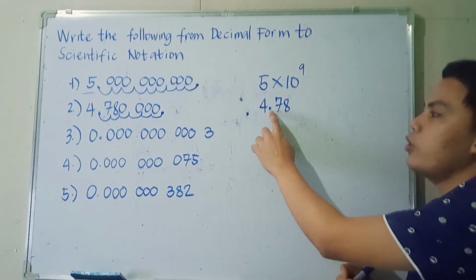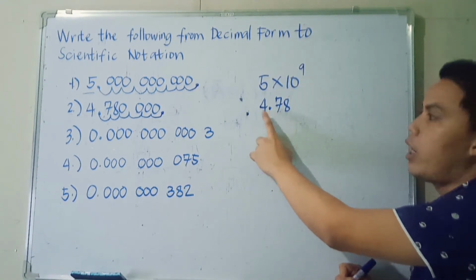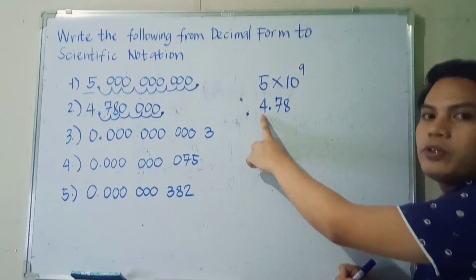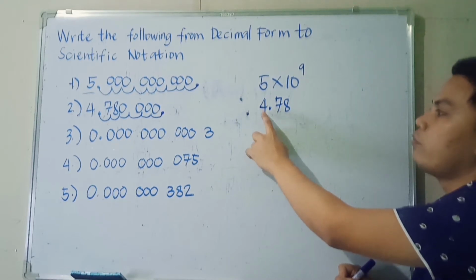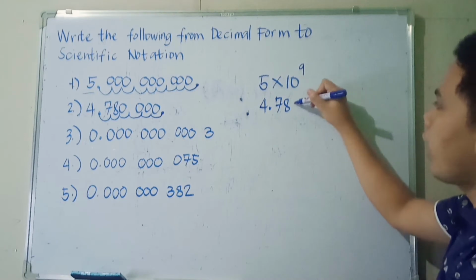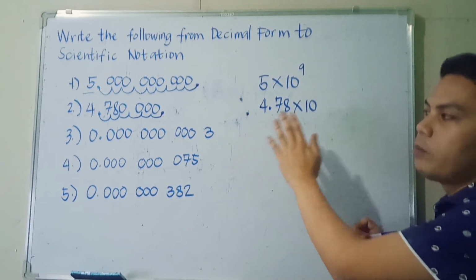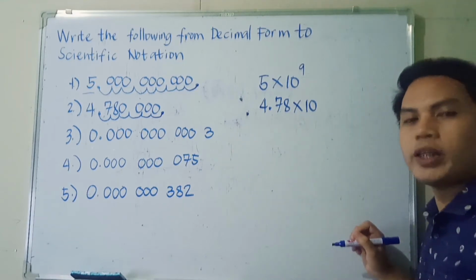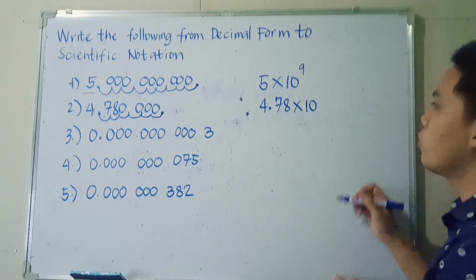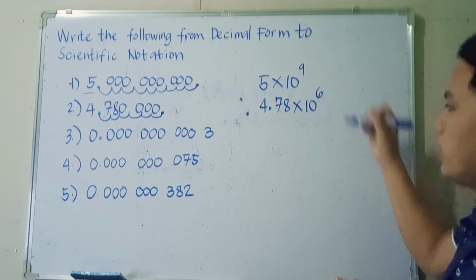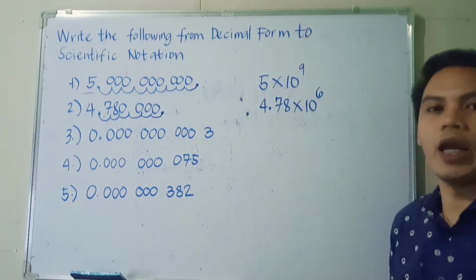Kung mapapansin niyo yung decimal point is located na after the first non-zero digit, which is 4. So, we have 4.78 times 10. Then, we moved the decimal point from right to left. Therefore, yung exponent natin ay positive. So, we have here positive 6. So, this would be your answer.